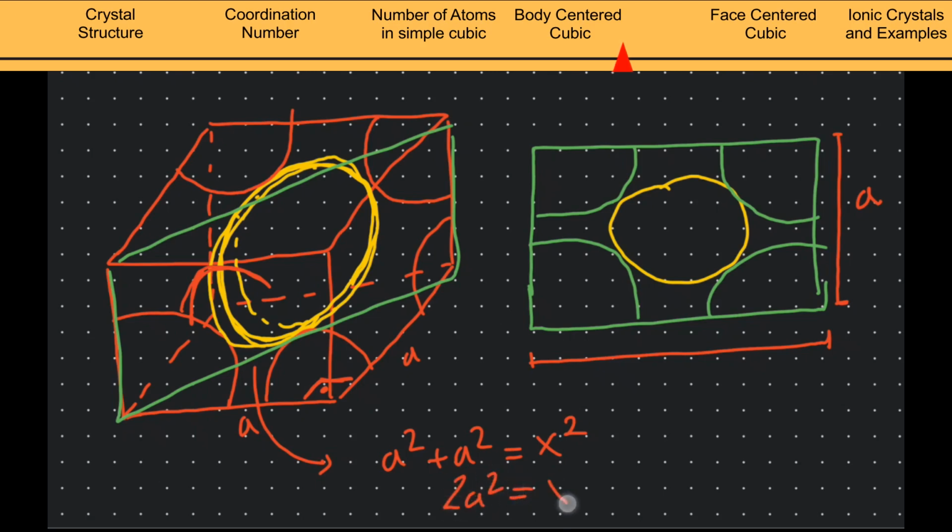So 2A squared is X squared, and X is equal to A square root of 2. So I can make a Pythagoras theorem here.